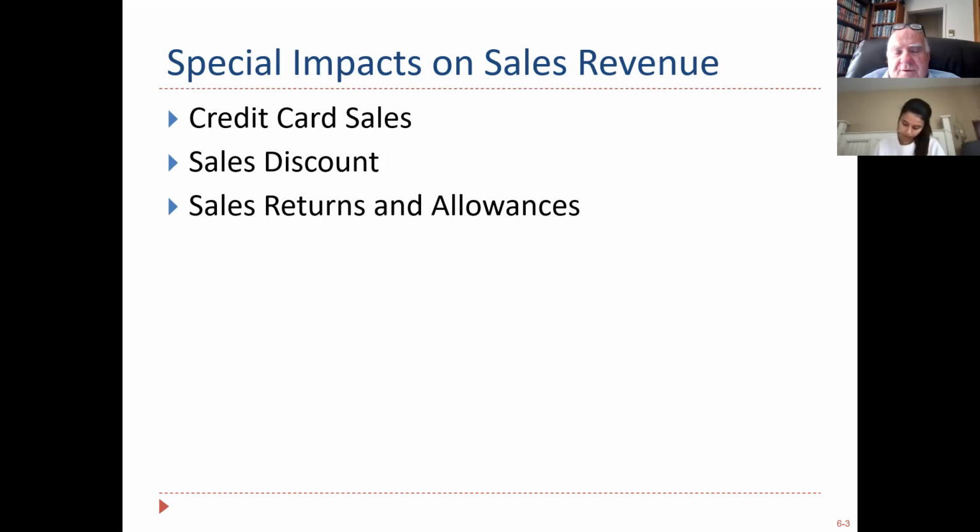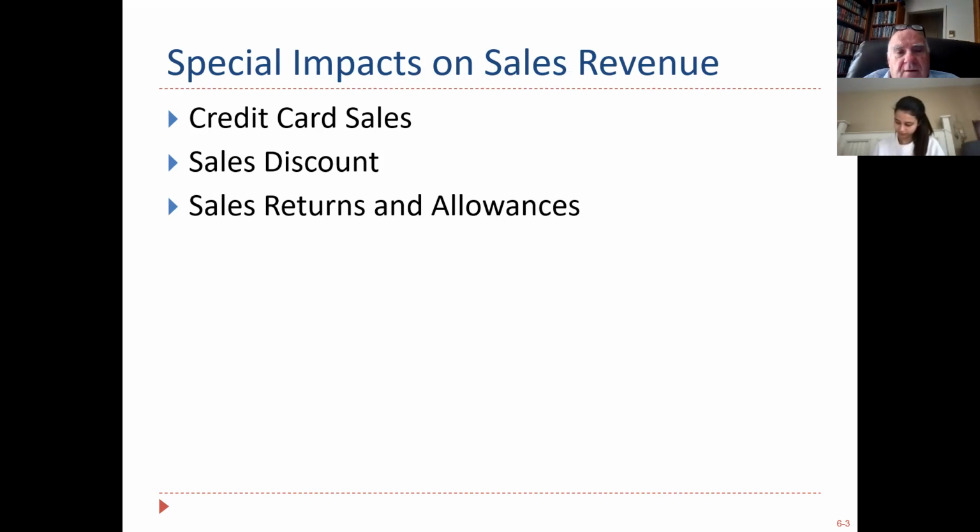You see these three things here, Kaylee? Credit card fees, sales discount, sales returns and allowances. Say hello to 3 new contra accounts. These are contra sales accounts because you never debit sales. Never debit sales.